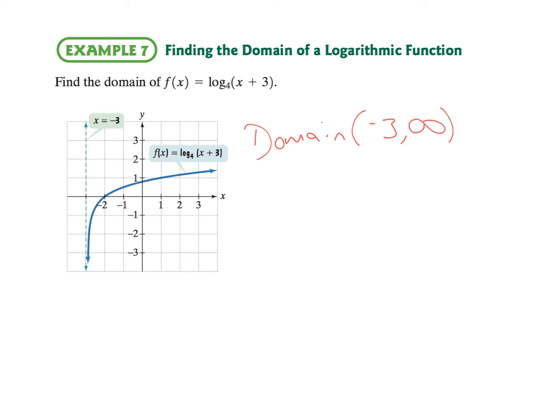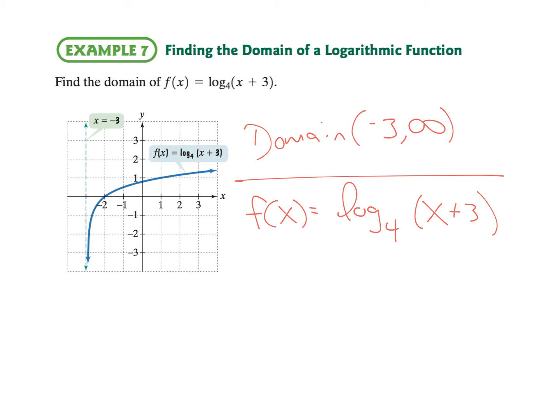Okay, but let's say we didn't have the graph. If I just have f of x is equal to log base 4 of x plus 3, we take the inside and set equal to 0.